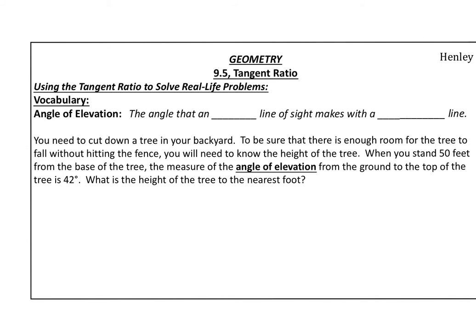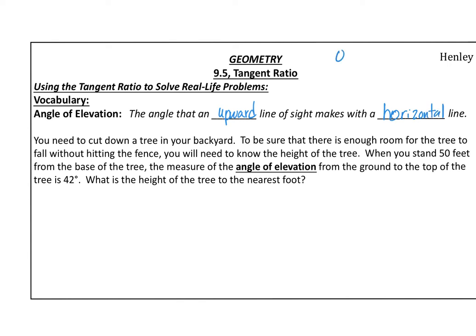Now let's use the tangent ratio to solve real-life problems. We're talking about the angle of elevation. The angle of elevation is the angle that an upward line of sight makes with a horizontal line.